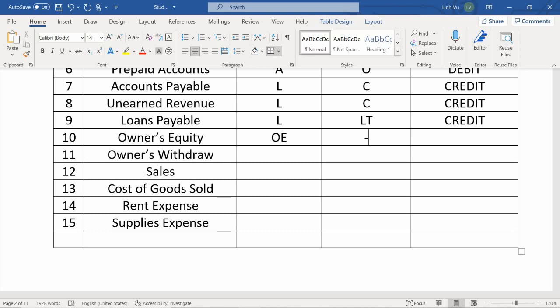It would not have any categories. Good. So in this case, if it doesn't have a category, then what kind of balance would owner's equity normally have? It's credit. Credit, good.